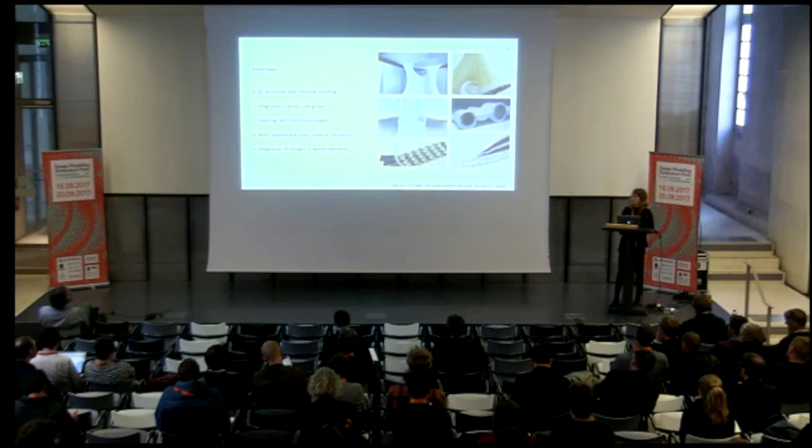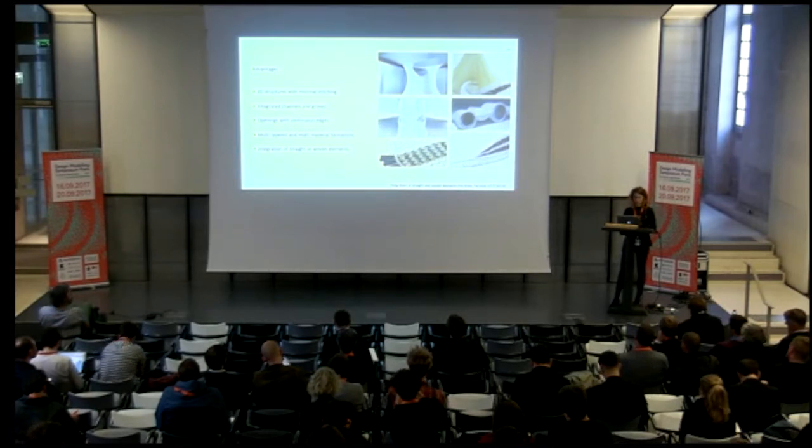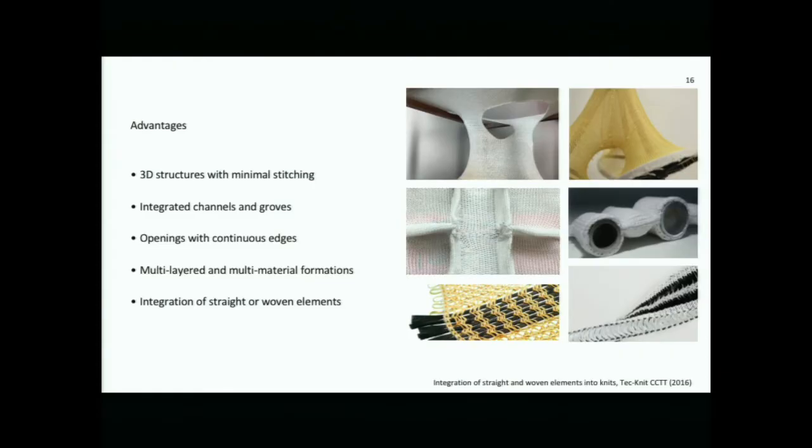Some of these advantages are the possibility to create 3D structures with minimal stitches. We can integrate channels and grooves. We can have openings with continuous edges, multi-layer or multi-material formations, and of course, also the possibility of integrating straight or woven elements into them.